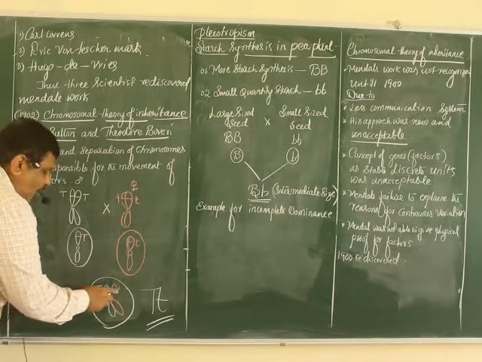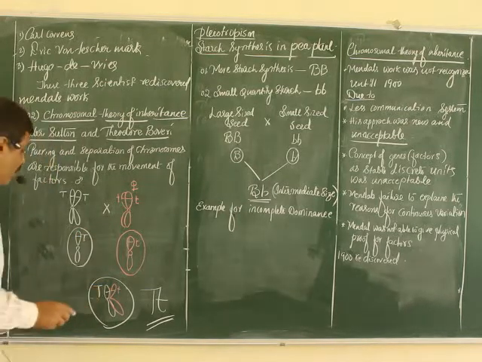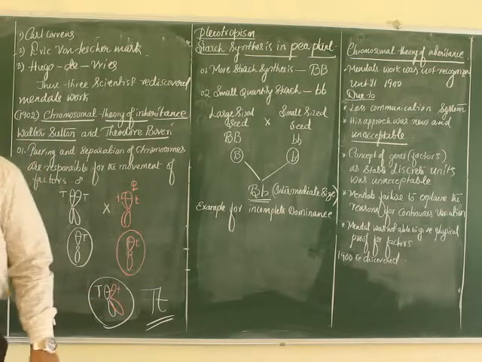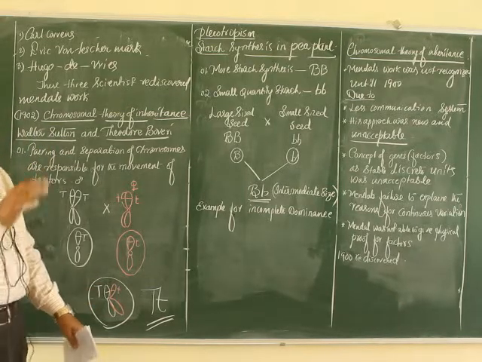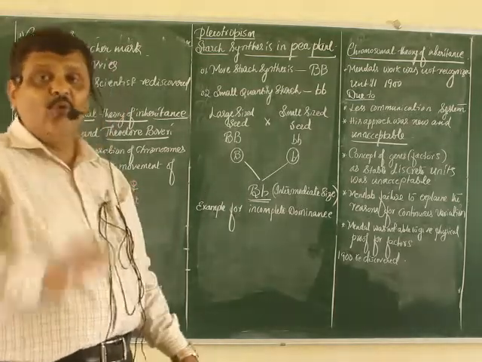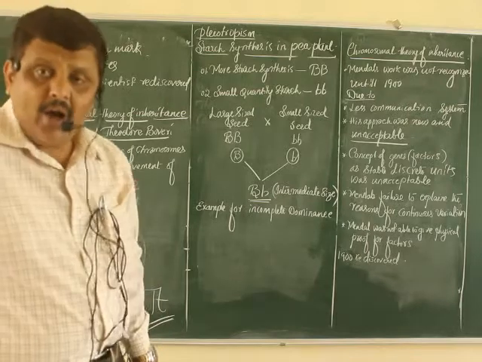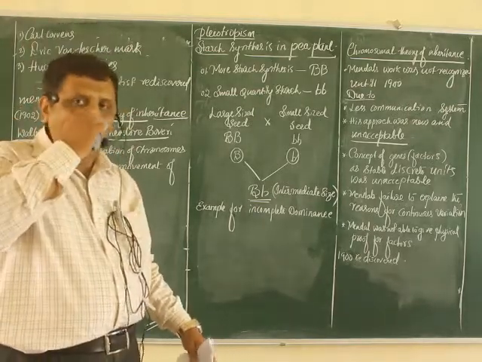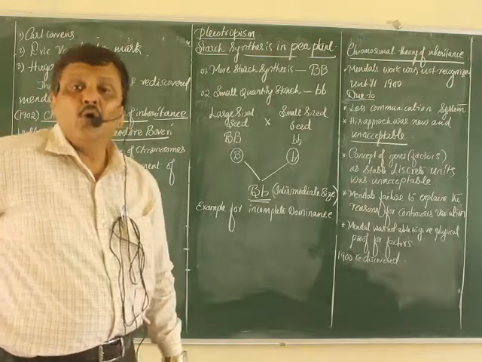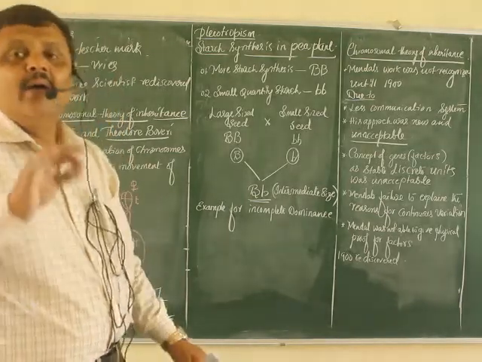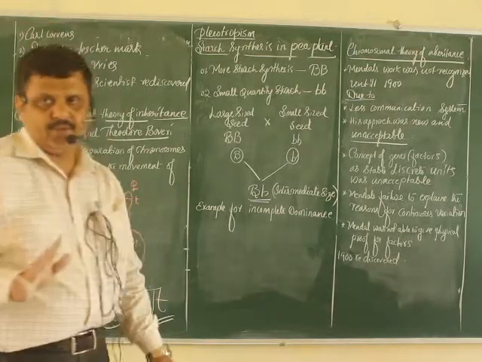Here once again the chromatids are together, so two factors are there. That means as the chromosome moves, factors are also able to move along with the chromatids or chromosomes.